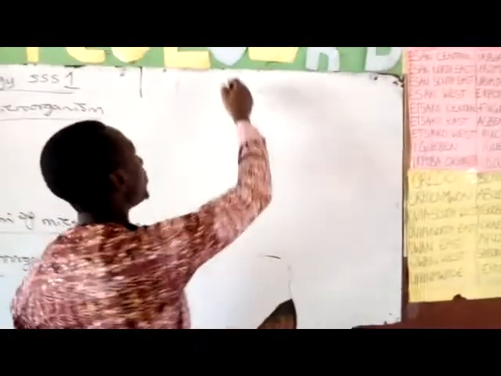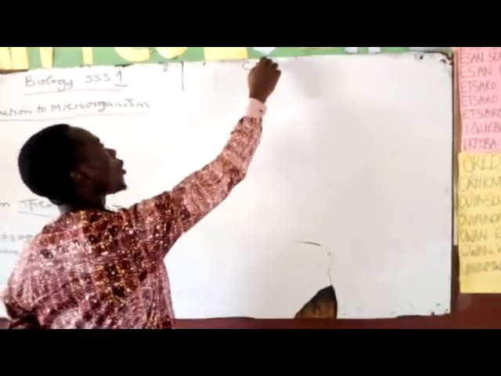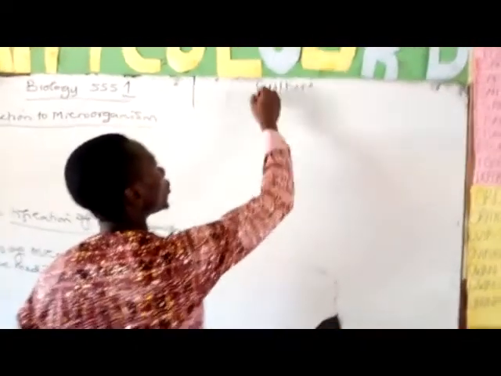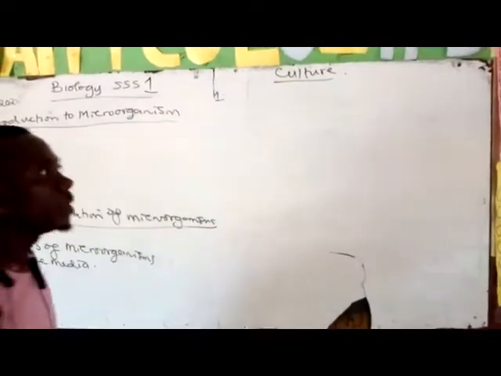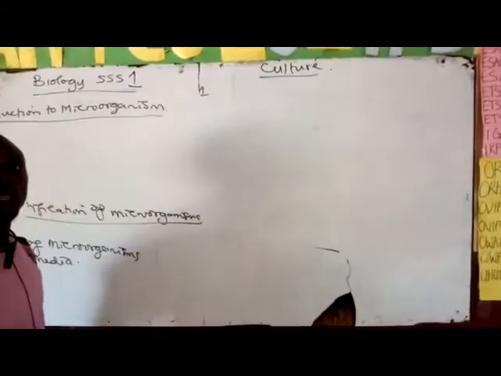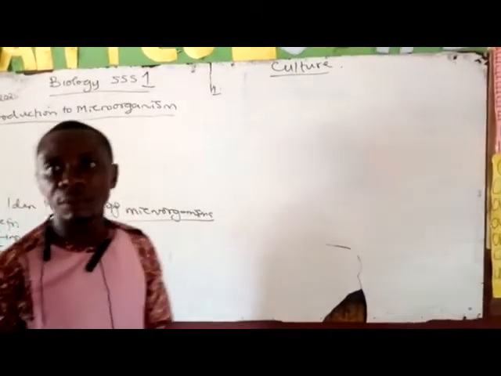Now, I'm going to talk about how you can identify a microorganism. How will you be able to identify a microorganism? The only way you can identify a microorganism is by using what we call culturing. Culture. What is a culture? A culture is a practice or a technique with which we grow microorganisms.